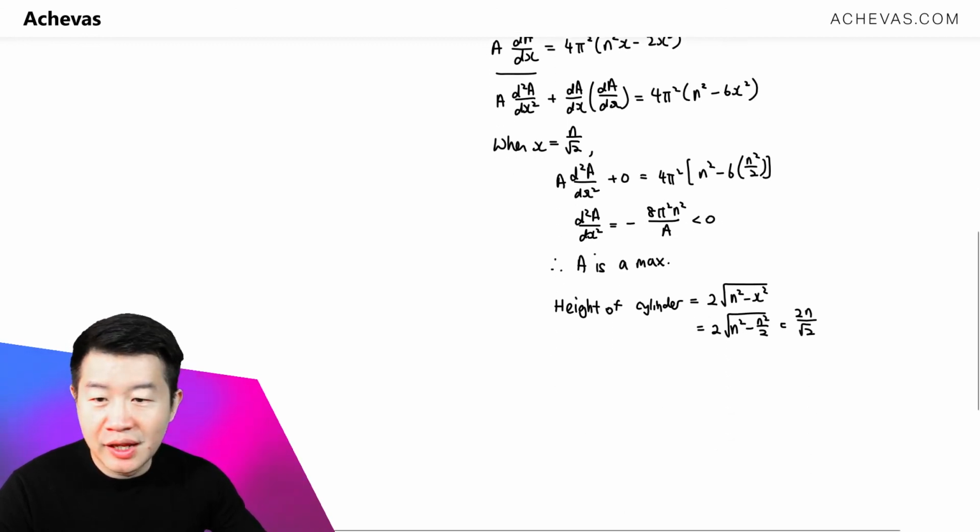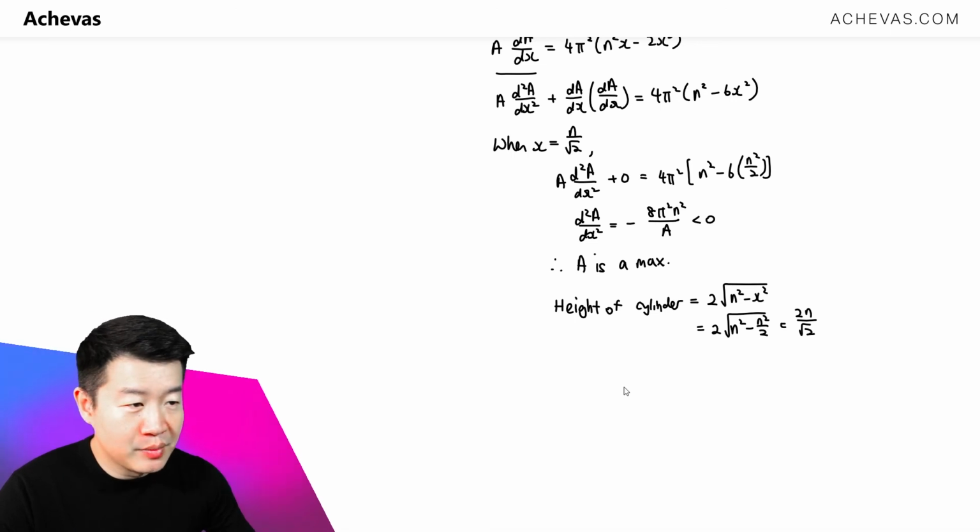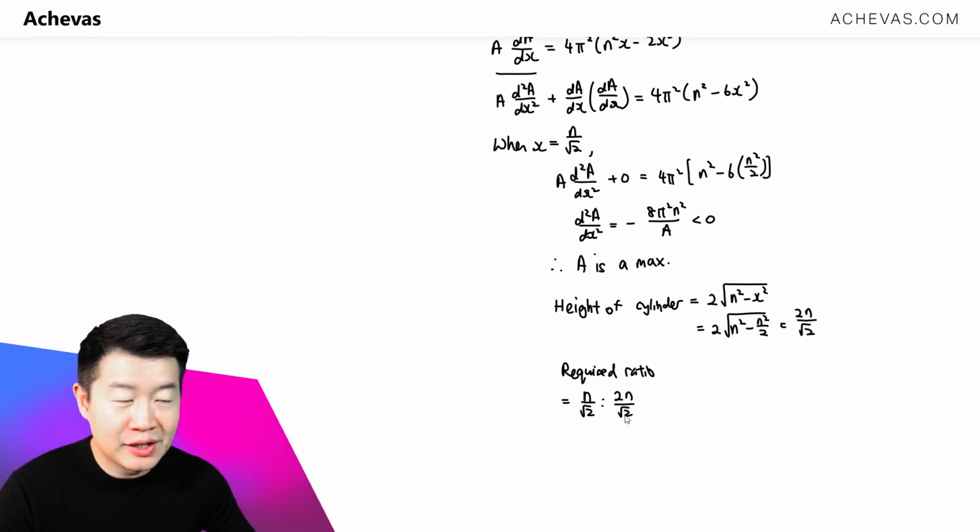So now we can then quote the required ratio. Let me write it down here. So the ratio that is required from us is going to be the ratio of the diameter, which is going to be n over square root of 2, is to the height of the cylinder, which is going to be 2n over square root of 2. So we can sort of cancel away this n over square root of 2, and that will leave me with a ratio of 1:2.